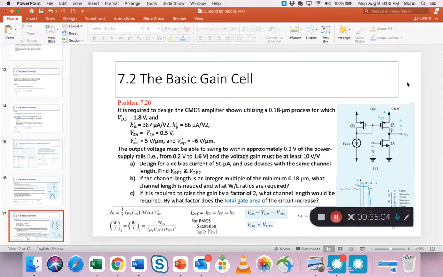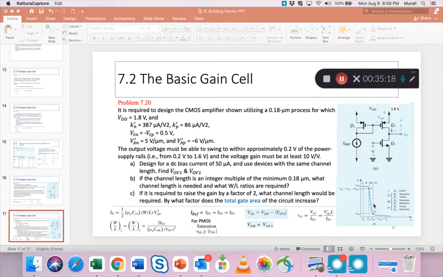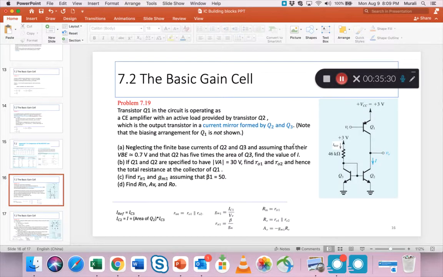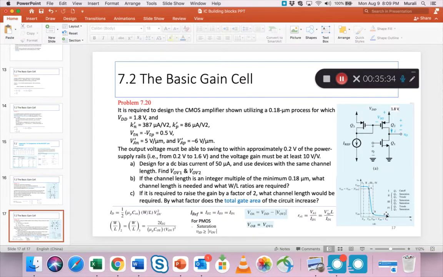The next problem on CMOS current mirror is a little more complicated, because here we are asked to find this voltage swing and all that. So we haven't studied, for this previous BJT case, the input-output transfer characteristic like this, right?